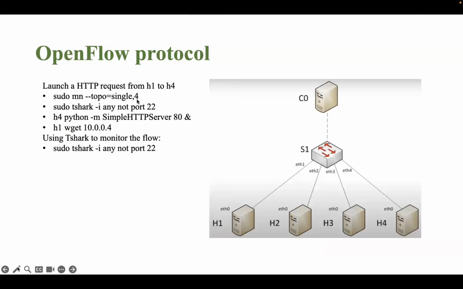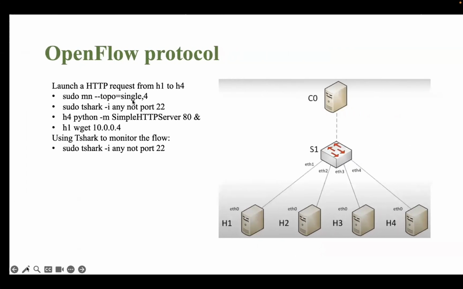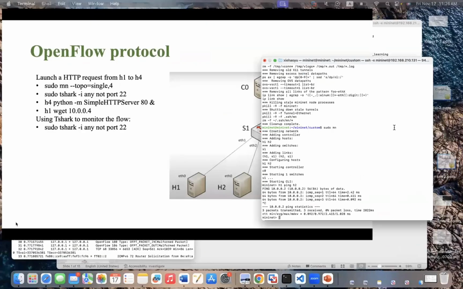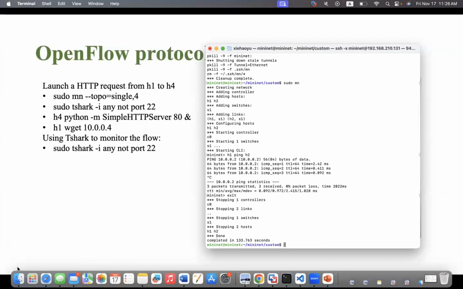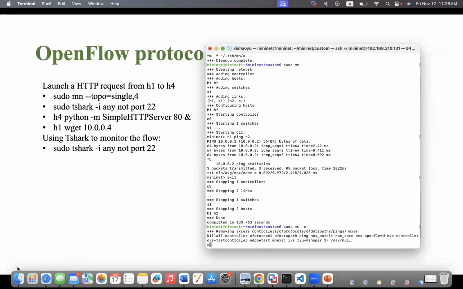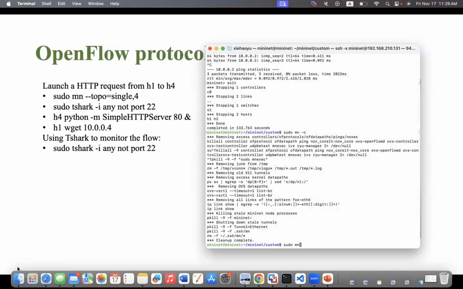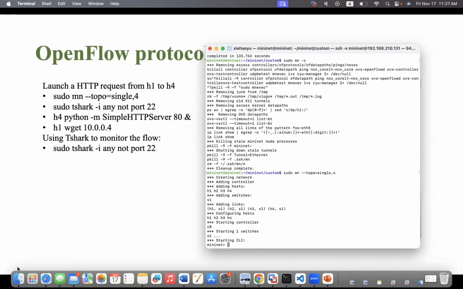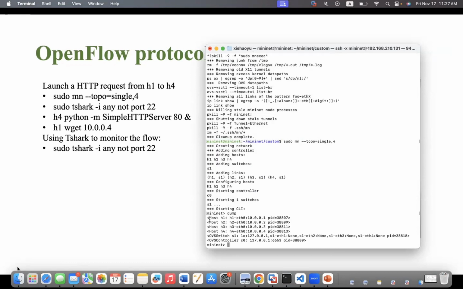Okay, first we should run this topology, single. See, we have this topology, and I use it now. We have four hosts and a kernel OpenFlow switch here.